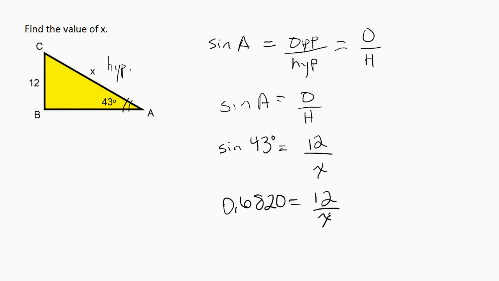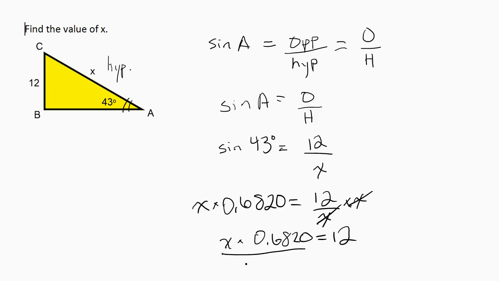Now using our algebra, we can multiply both sides by x, so that these x's cancel. And now we have x times 0.6820 equals 12. We want to solve for x, so we're going to divide both sides by 0.6820.